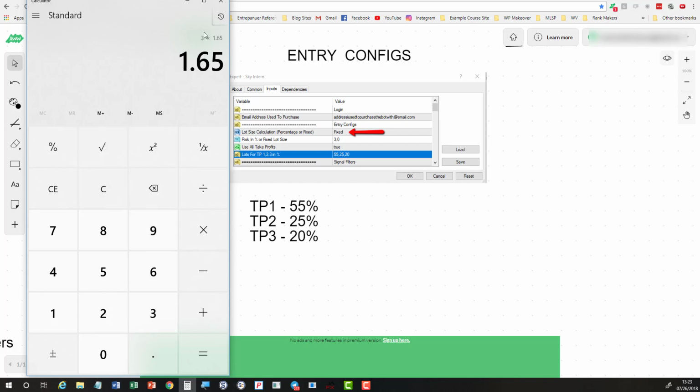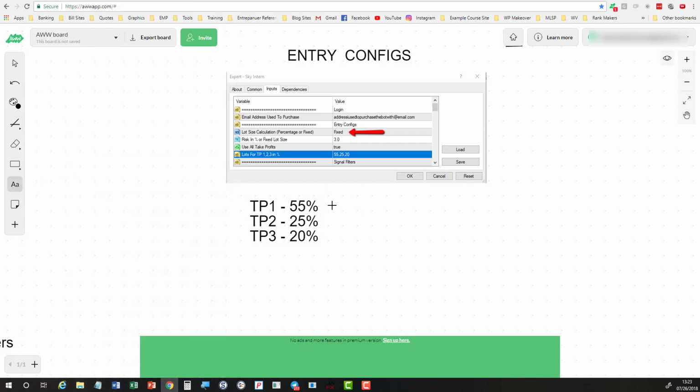Okay, so let me move this down here. Lot size. And to keep the ball rolling, I did the math really quickly, but this is what's going to happen. This is the lot size for TP1. It's going to be a lot size of 1.65. The second one at 25% of a lot size of 3.00 is going to be 0.75, and so on and so forth.